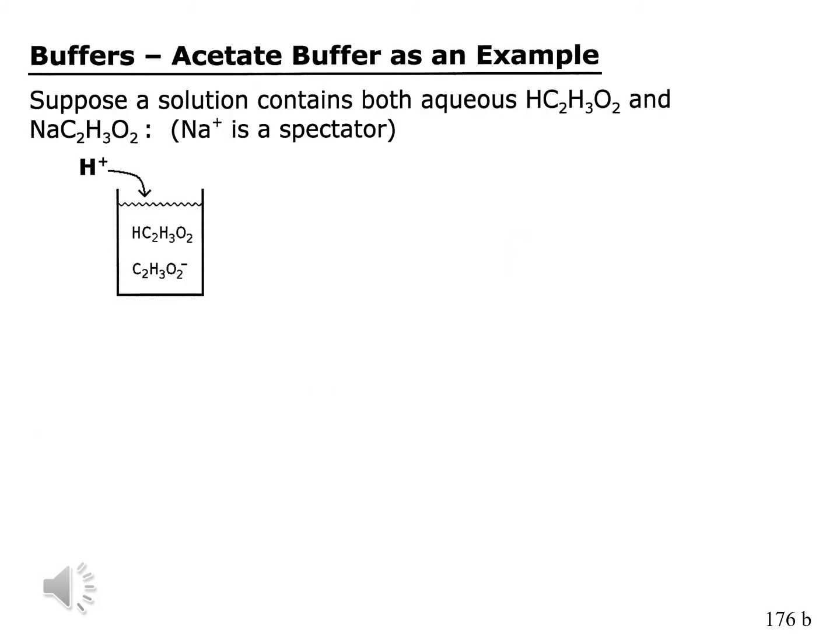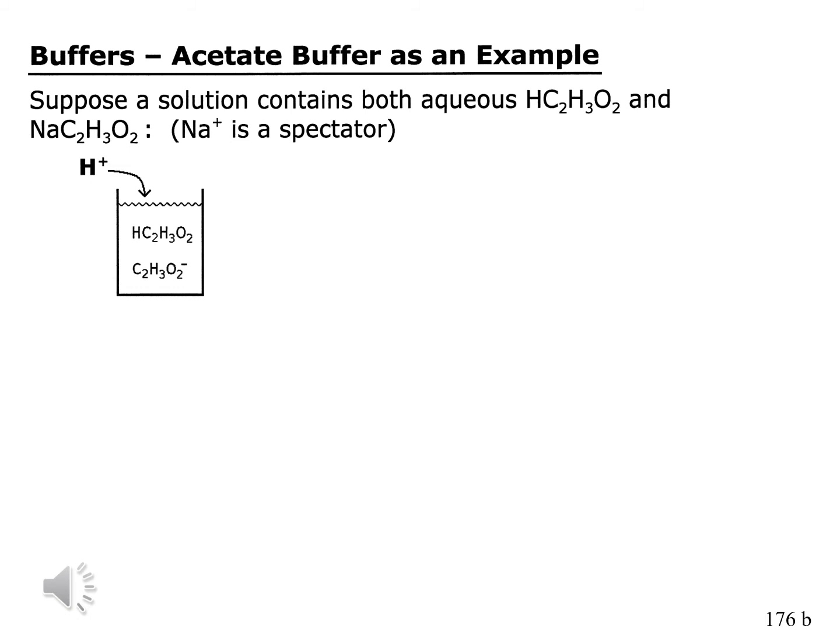Now, buffers are supposed to prevent the pH from changing when you add a strong acid. So I want to see, if you add a strong acid to this buffer, is there either one of the things in the beaker that can react with the H+? And the answer is absolutely. The H+ is not going to react with acetic acid because that already has an H attached to it and it's neutral.